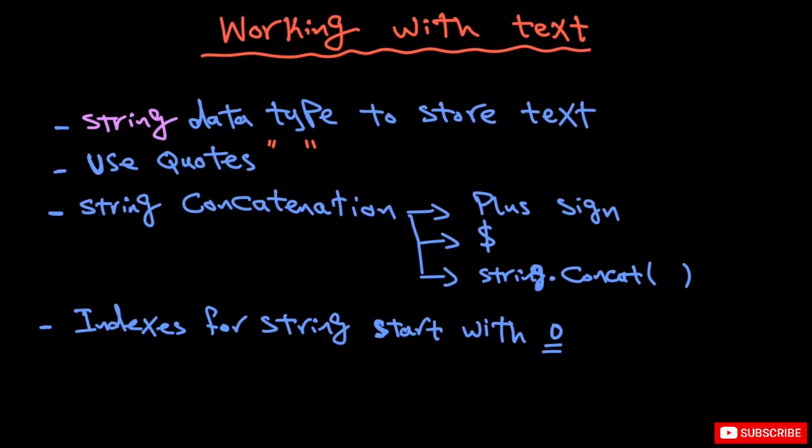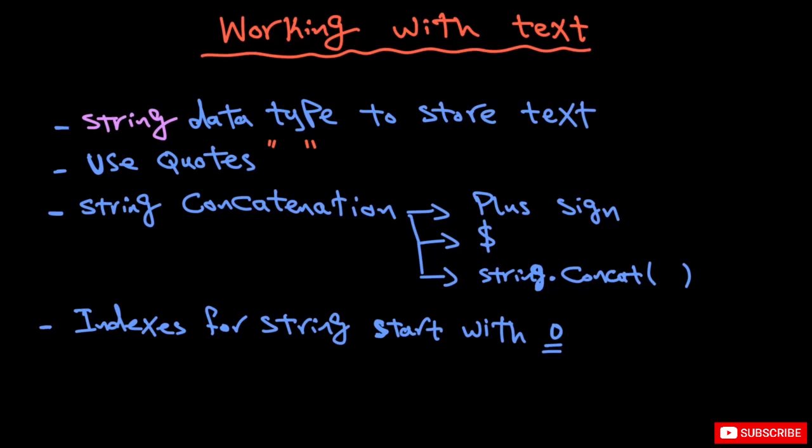The second character in a string has the index 1, and so on. So if you want to access the first character in a string, you can use that string name or the variable name that stores the string, followed by square braces, and place the index number for that character in between those square braces easily.